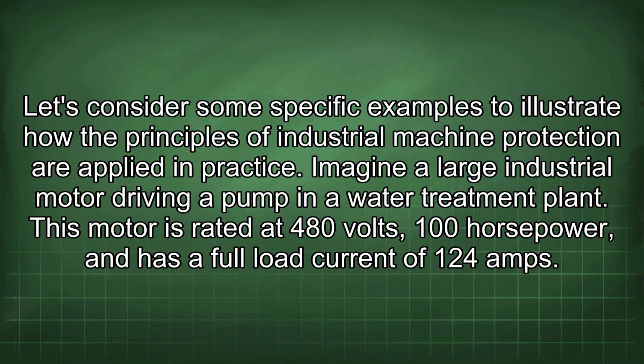Let's consider some specific examples to illustrate how the principles of industrial machine protection are applied in practice. Imagine a large industrial motor driving a pump in a water treatment plant. This motor is rated at 480 volts, 100 horsepower, and has a full load current of 124 amps.